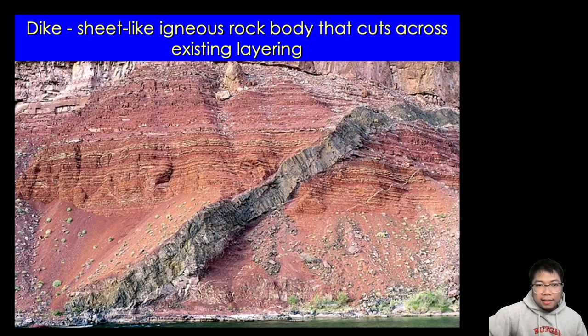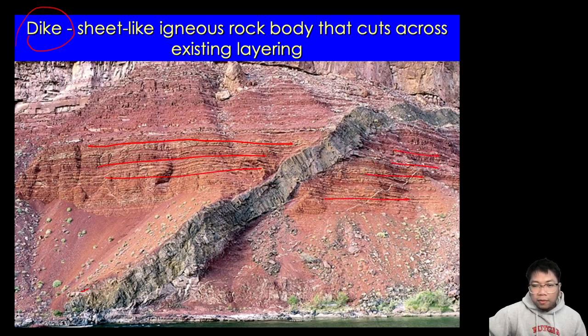And the last form of intrusive igneous rocks is called dikes. Now, unlike sills, dikes are sheet-like igneous rock bodies that cut across existing layers of sedimentary rocks. So, for example, here I have sedimentary rocks that are again horizontal.